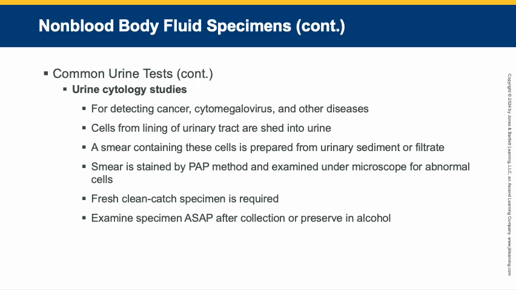So cells that are shed during the urine process in that urinary tract can then be spun down and looked at on a smear, on a slide, and they can be stained by a method called the PAP method. This is the Papanicolaou method, and they can look for abnormal cells under the microscope. So you've got to have a fresh, clean catch specimen for that. And this specimen needs to be examined ASAP after collection, or you need to preserve it in alcohol.